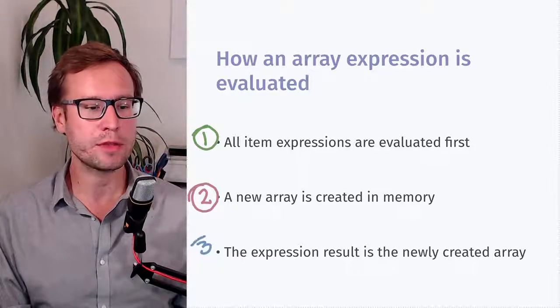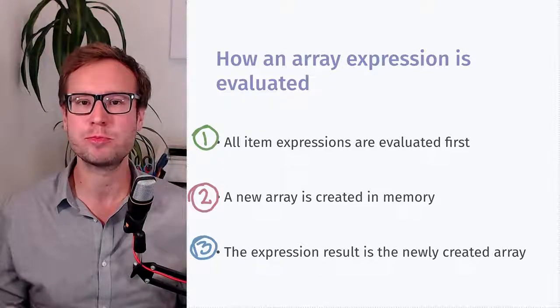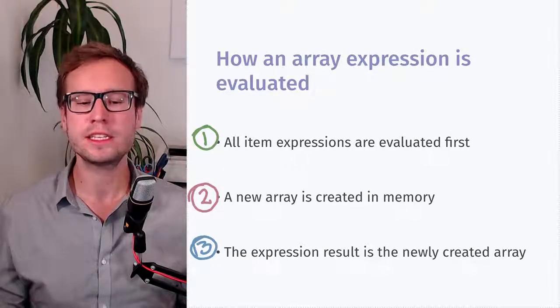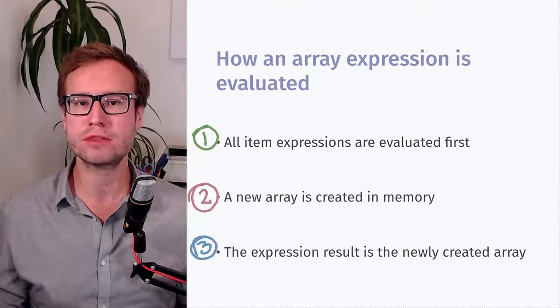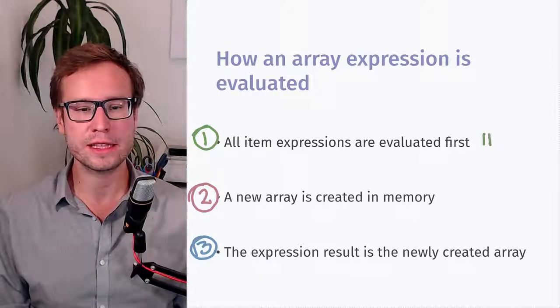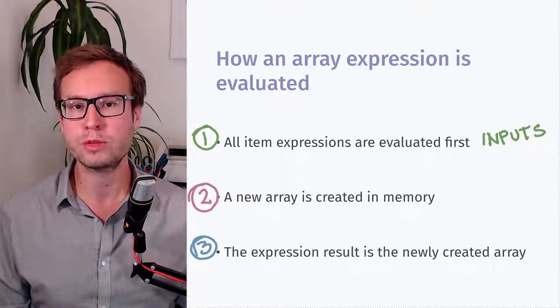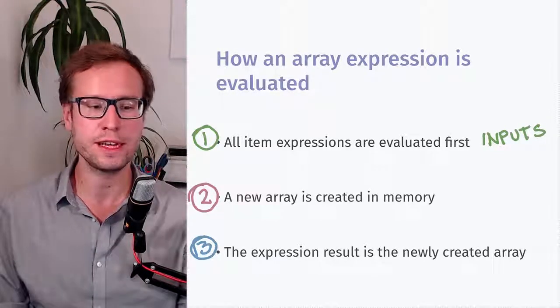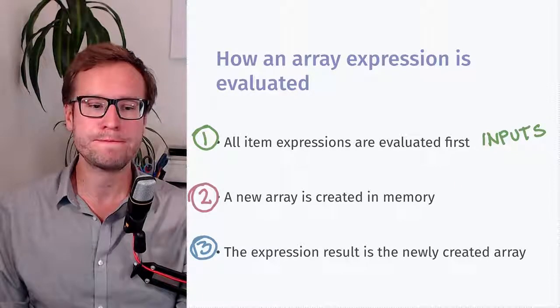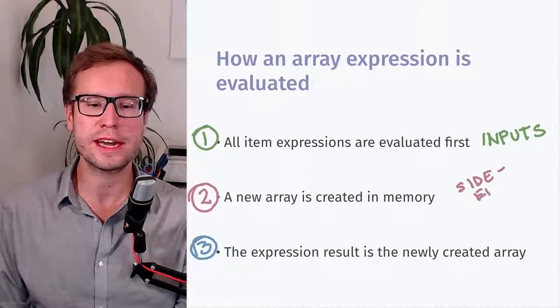And point number 3, the expression result. What is the expression result going to be? It's going to be that newly created array. So in other words, I like to think about it like this. This point really corresponds to the inputs. The creation in memory is actually the side effect.